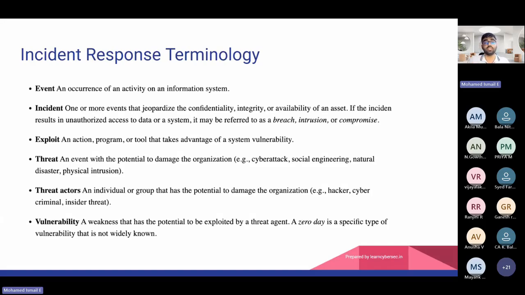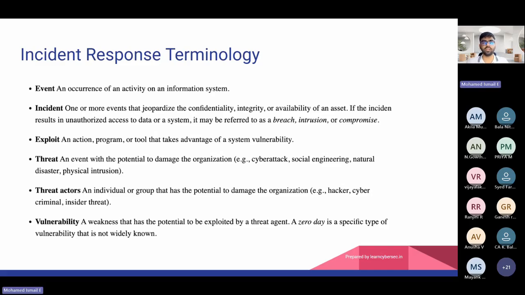First one, event: an occurrence of an activity on an information system. Each and every activity is logged as an event in systems. If you take Windows or Linux or a SQL database, whenever someone logs into the device, an event gets generated: there is a user logged on at so-and-so time. When data is taken from the SQL database, let's say they're copying the database to another device, that event gets generated.